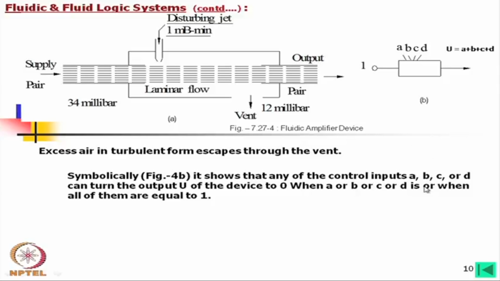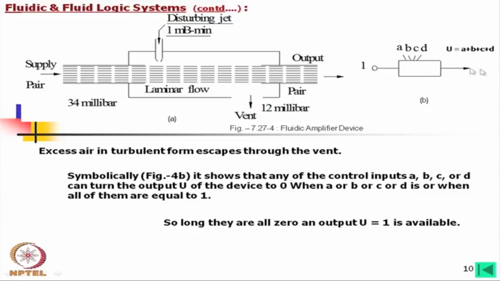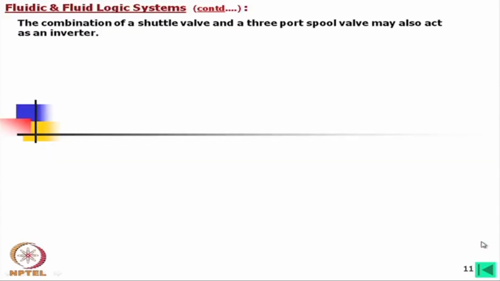This means any of A, B, C, D is 1, or all of them are 1. So long as they are all 0, output U equal to 1 is available. That means only if they are 0 will this Z go to the next device and the performance be achieved. So, this is basically a NOR device.